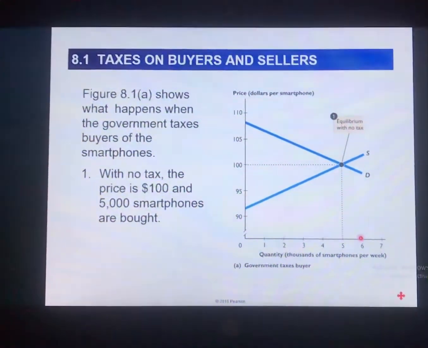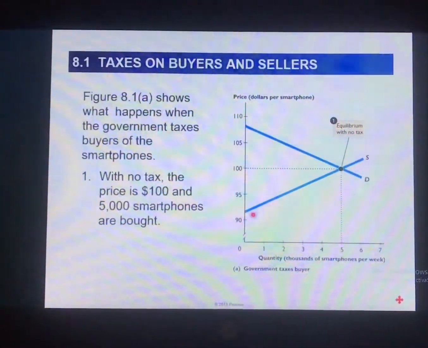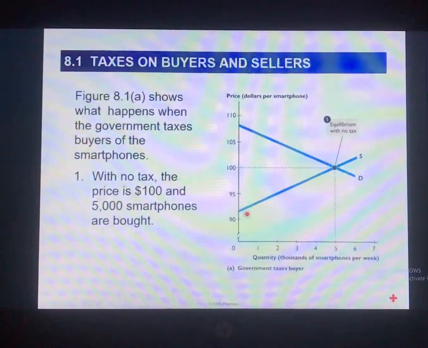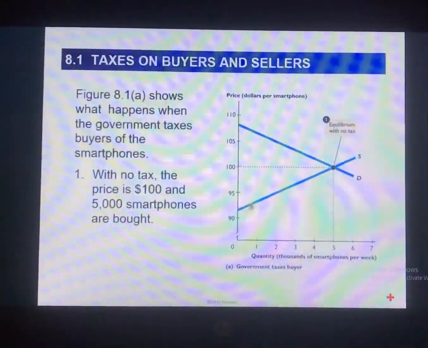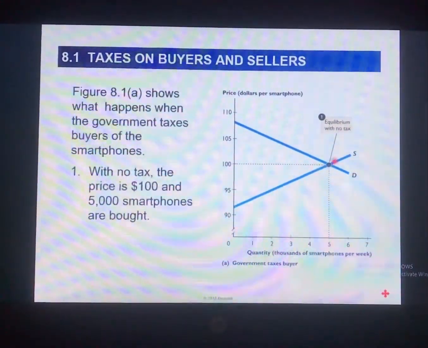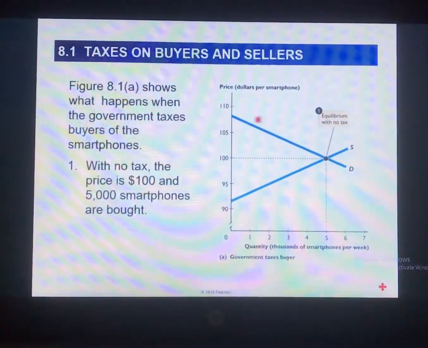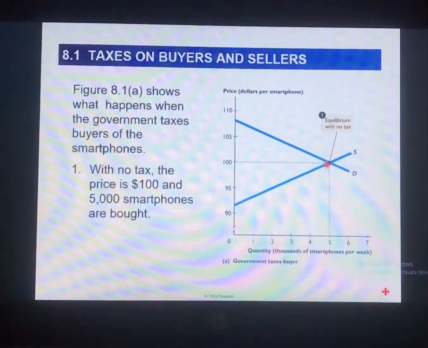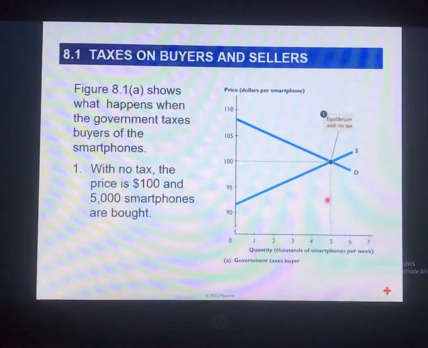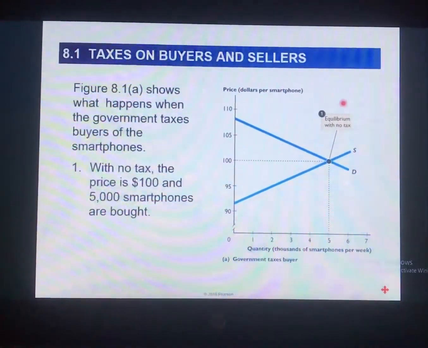This figure, figure 8.1, shows what happens when the government taxes the buyer of smartphones. You can see that this is our supply curve and this is our demand curve. This is the equilibrium point with no tax, also called point 1.